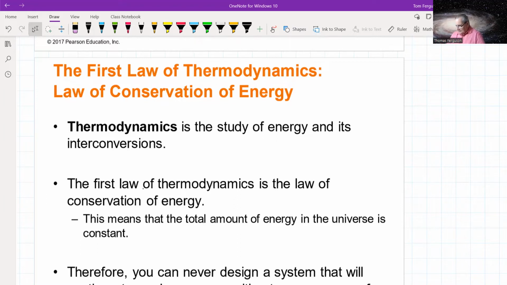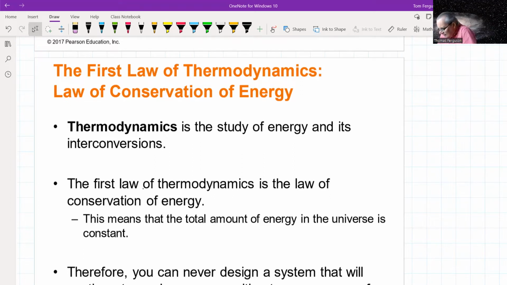First law of thermodynamics. Thermodynamics is a study of energy and its interconversion between kinetic and potential. We have many laws in thermodynamics.